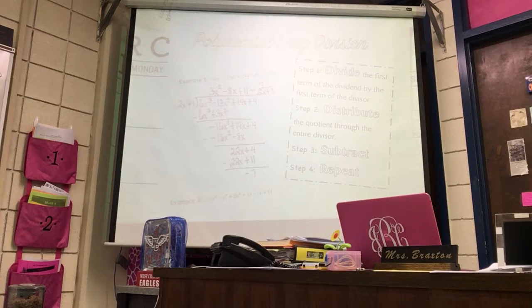Like, is 2 a factor of 8? Yes, because 2 divides evenly into 8. Is 3 a factor of 8? No, because you would have a remainder if you divide it. All right? So it could just ask you, is this a factor of this? Does everybody understand? If you have 0 for your remainder, then it would be a factor.